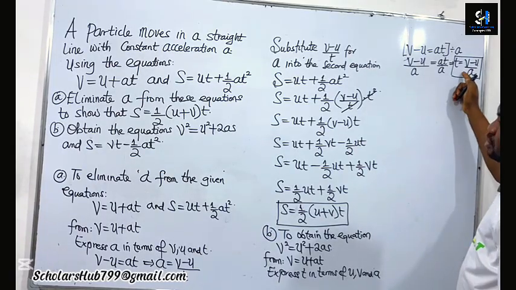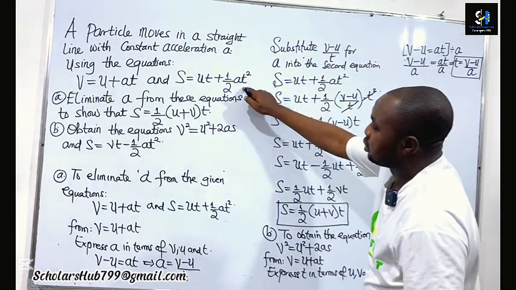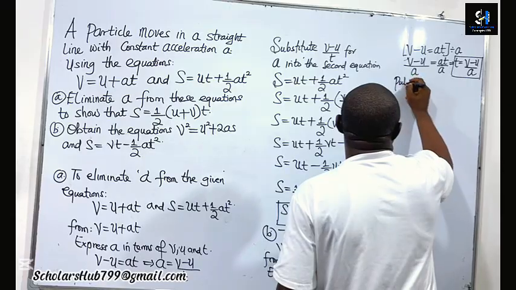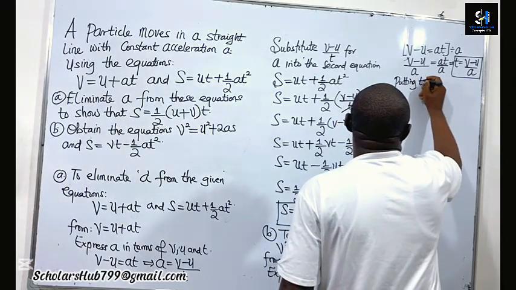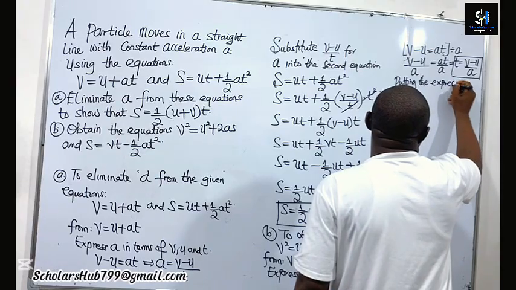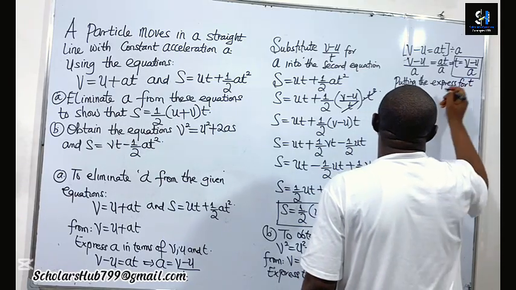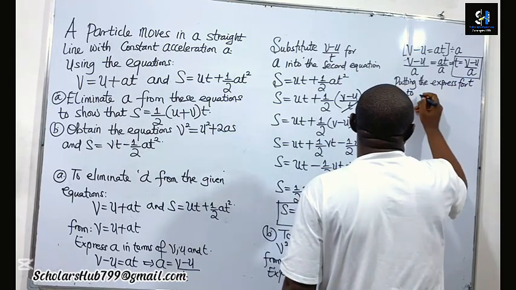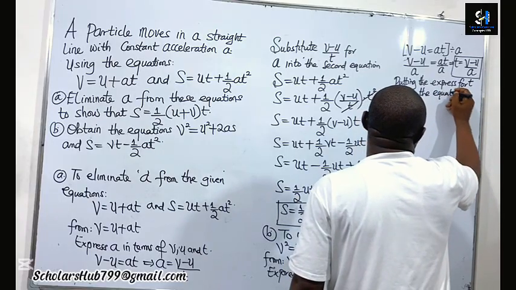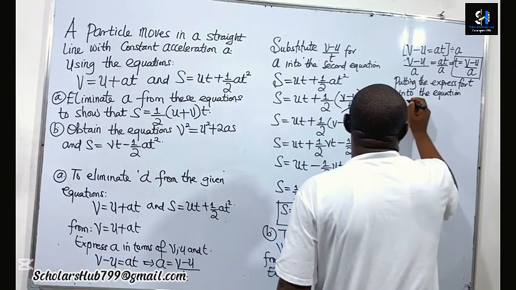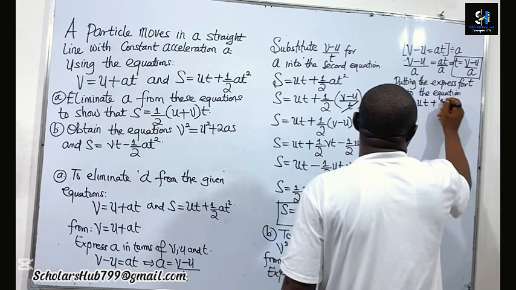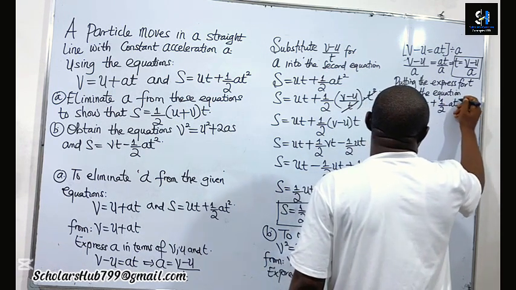So I'm going to put this equation into the second equation now. Putting the expression for t into the equation s equals ut plus 1/2 at squared.